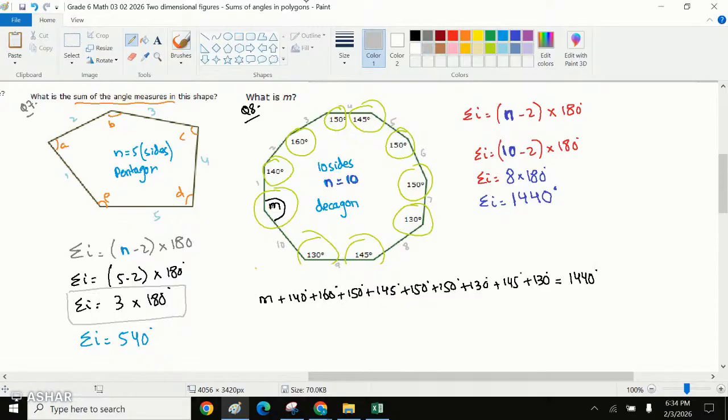So we add them together. Once we add these 9 values together, what will be the total? Let's use a calculator. 140 plus 160 plus 150 plus 145 plus 150 plus 150 plus 130, 145, and 130, right? I hope I don't make a mistake.